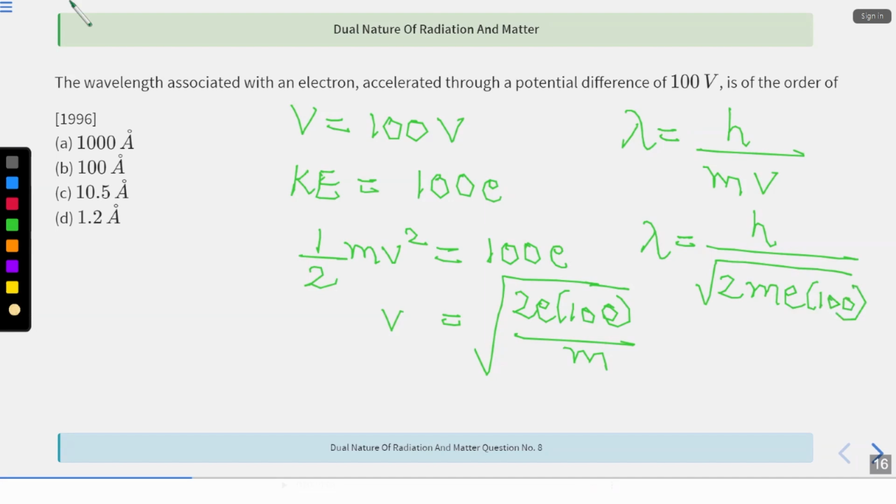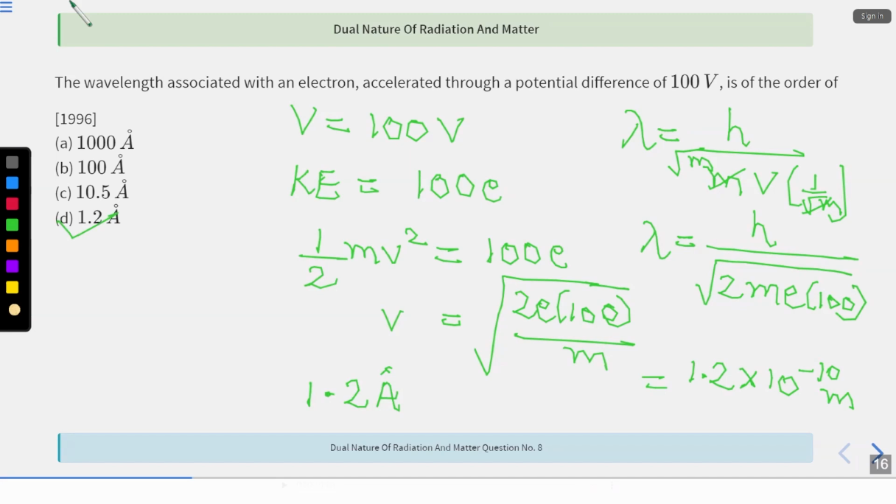Because m was outside and this was here, it gets cancelled out, and you're left with root m over here, right? So that's why we get this. After substituting the values, we get 1.2 into 10 to the power minus 10, this is in meter. In angstrom, it's nothing but 1.2 angstrom, and that is our option D.